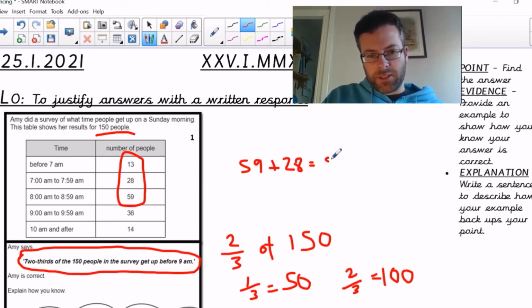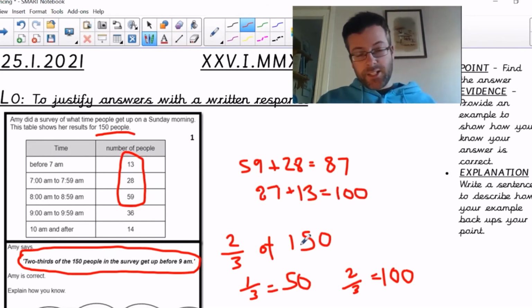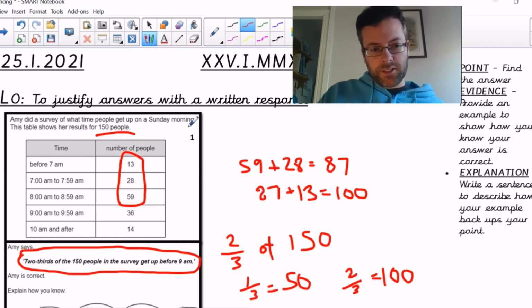Add the 8 will get me to 87, I think. Yep. And then we need to add 13, so 87 add 13 is going to equal 100. Excellent. So I think that she is right. That 2/3 of the 150 people in the survey get up before 9 o'clock.